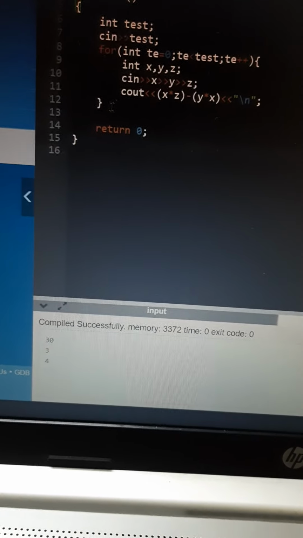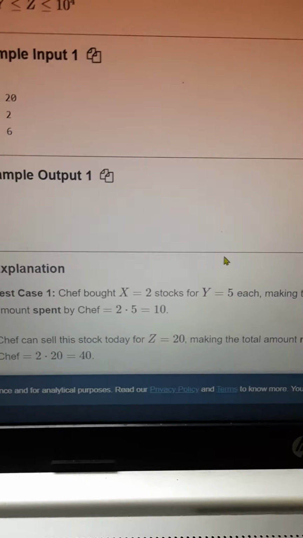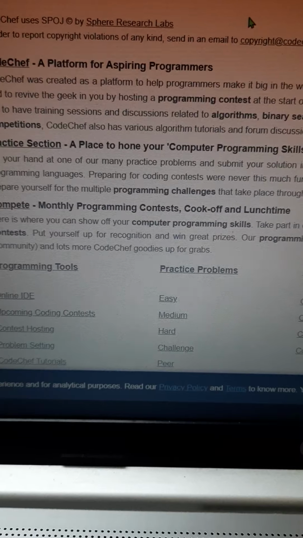So I'm copying the code. I'll submit it.